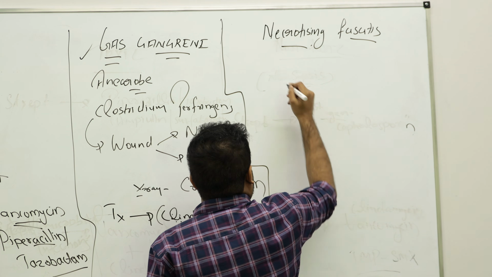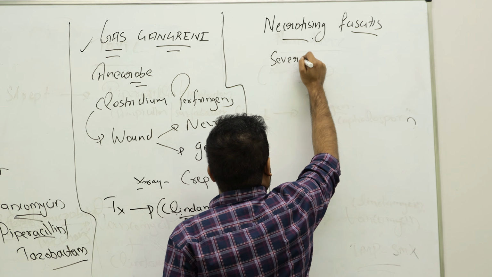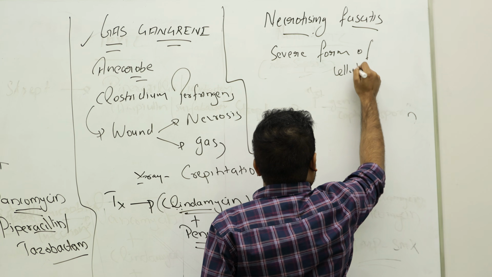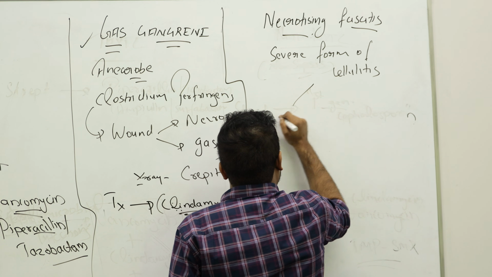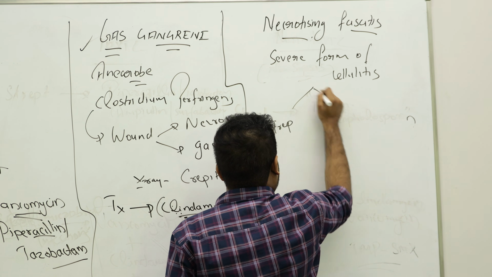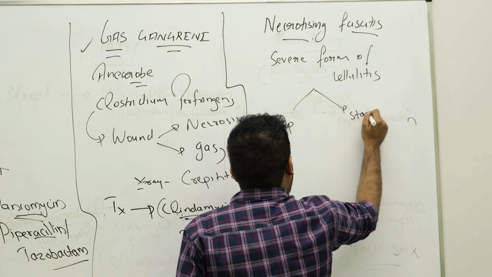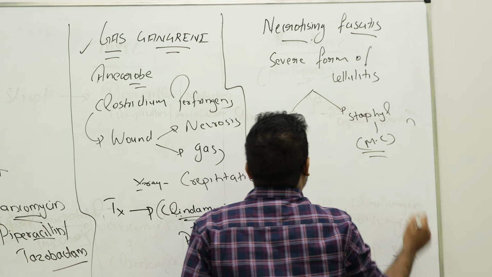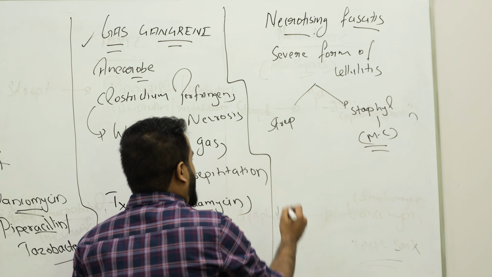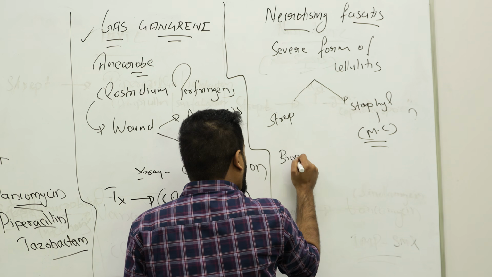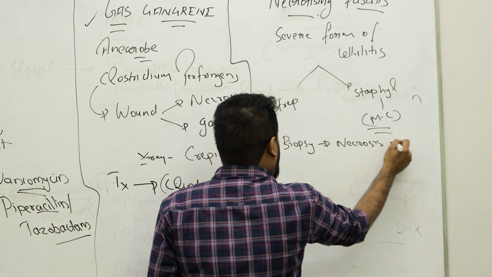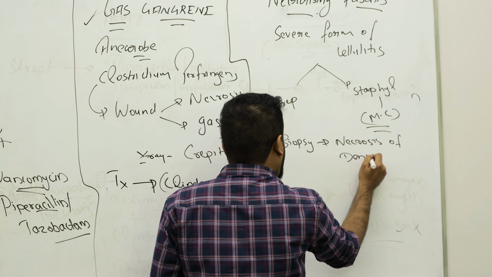Actually, it is a severe form of cellulitis. It is also caused by, as we said, group A streptococcus and staphylococcus. But if you compare, the more common causative organism is staphylococcus. If you take a biopsy there, you can see necrosis of what? Dense connective tissue, complete necrosis happens.